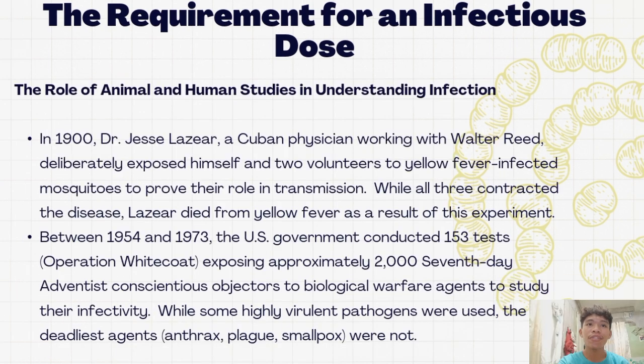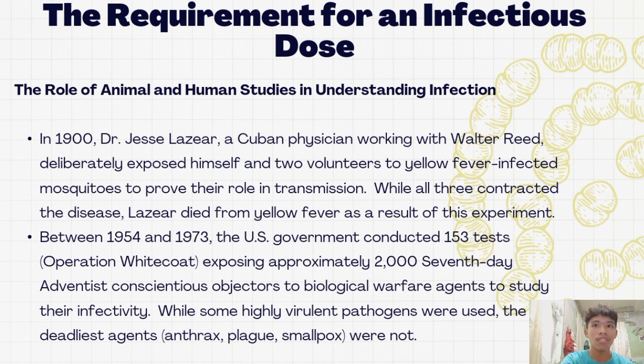Now, let's proceed to the role of animal and human studies in understanding infection. For the first bullet, in 1900, Dr. Jesse Lazear, a Cuban physician working with Walter Reed, deliberately exposed himself and two volunteers to yellow fever infected mosquitoes to prove their role in transmission.